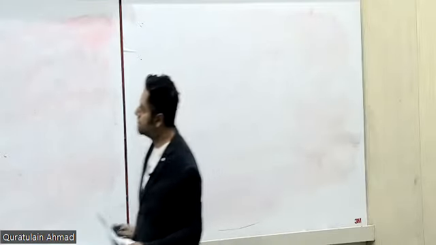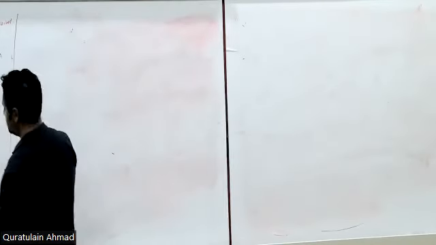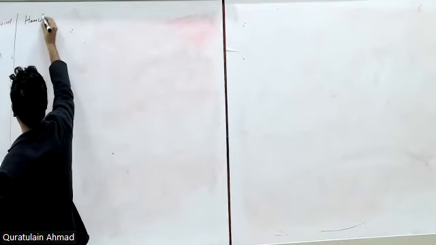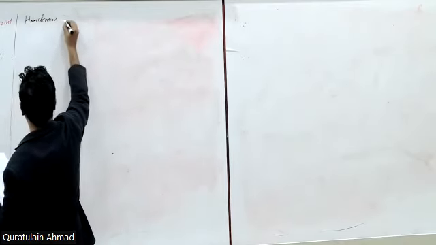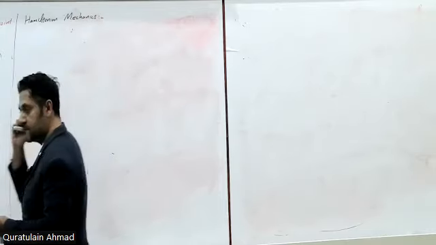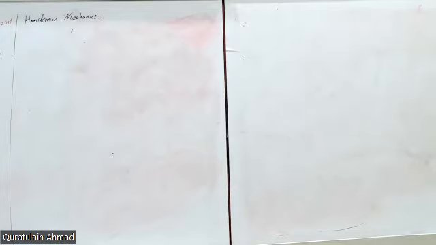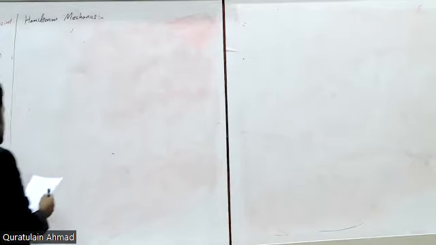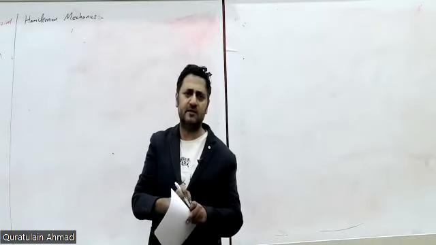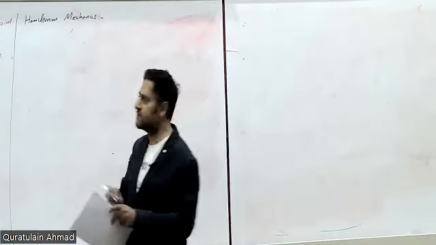There's another, let me rub this and use this board. Another formulation of mechanics is called the Hamiltonian, developed by Hamilton. So what you do this time, again, I'll start with the easiest example when the force is conservative.